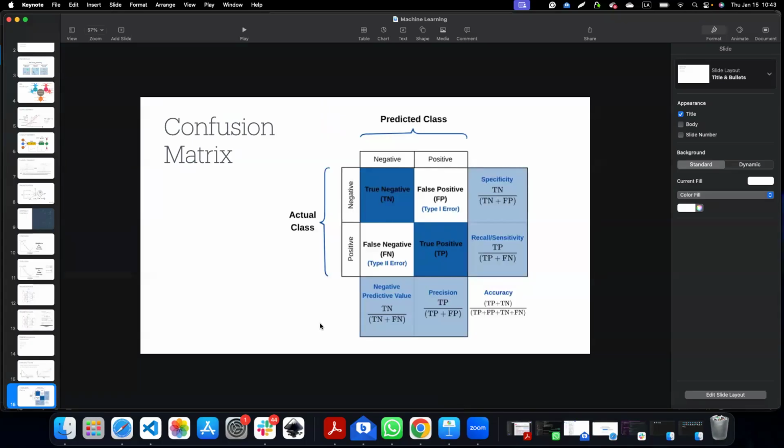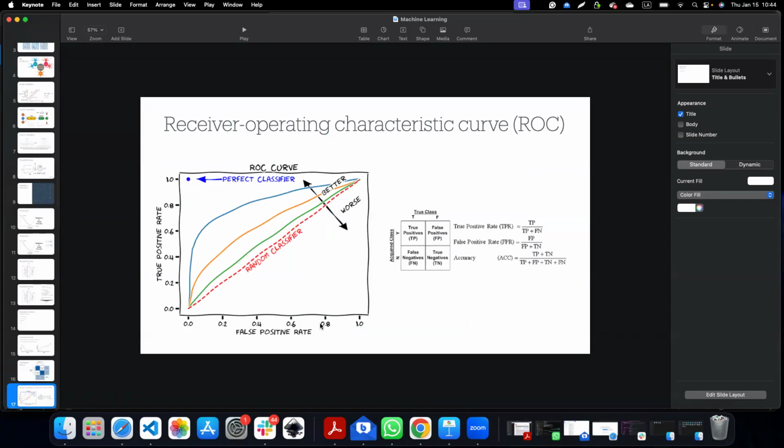And then the accuracy, which I was telling you before, that is this percentage, you can calculate it by summing up the true positives with the true negatives, and then over all the data. Okay, and now let's talk about the ROC curve, which is the receiver operating characteristic curve.